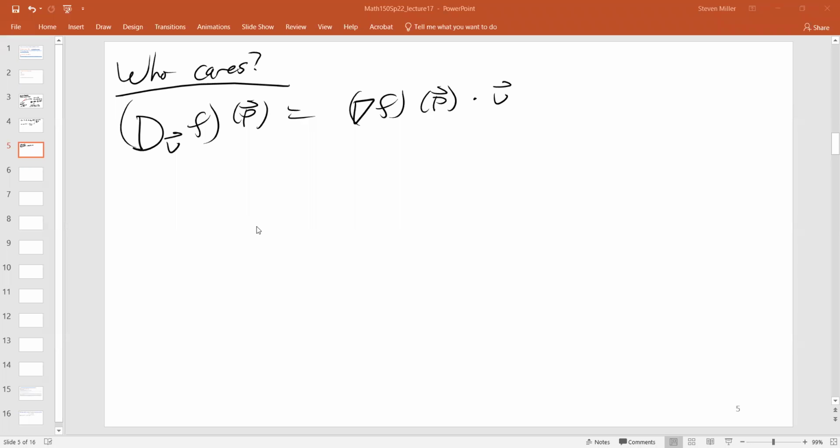Never forget endpoints again. Right? It is not enough to just check for where the function's derivative is 0 to find candidates. Right? Why?